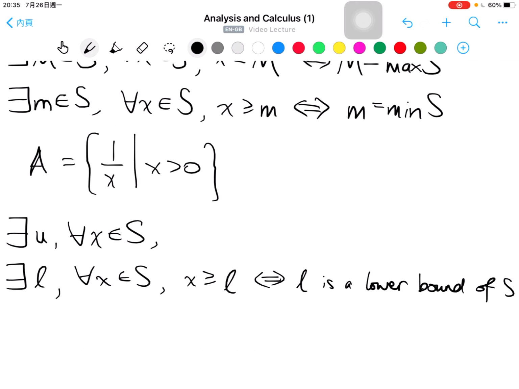That means nothing is going to get larger than this number, so everything is smaller than or equal to this number. Then we say U is an upper bound of S.